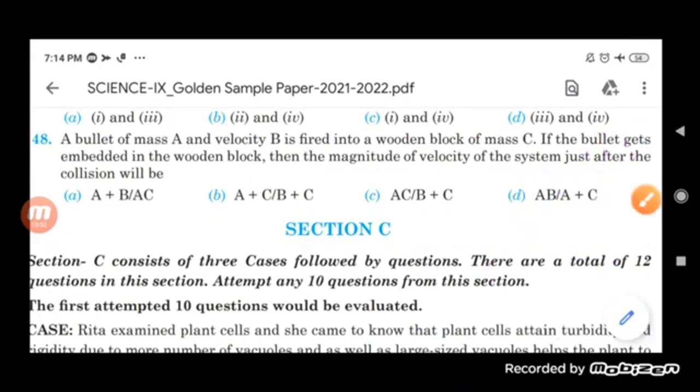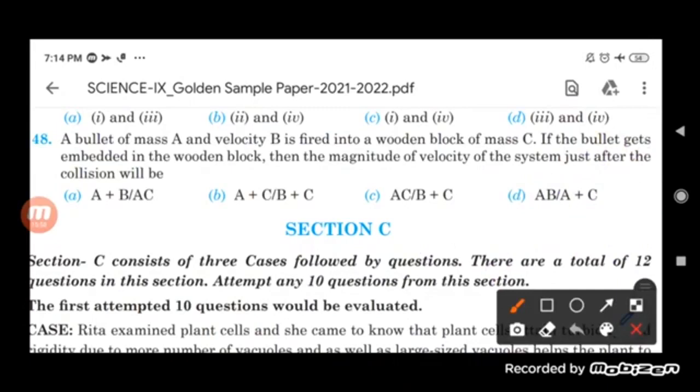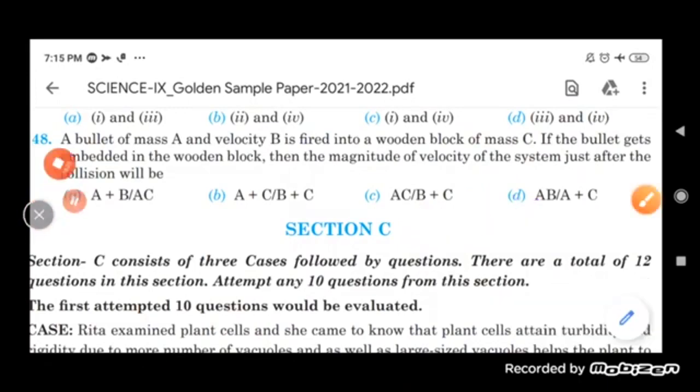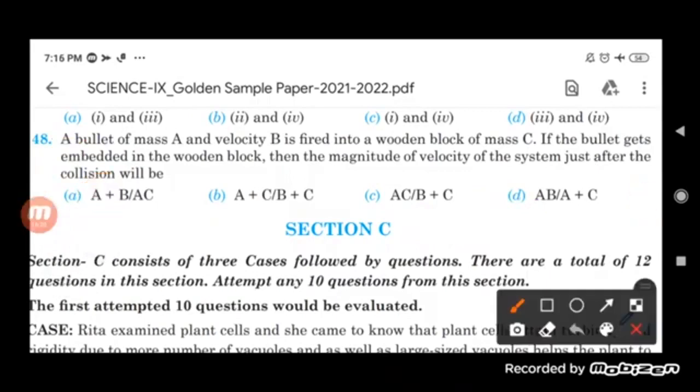Now you see here, the bullet of mass A, and the velocity given here is B. So A into B is the mass and the velocity with which it was moving before it collided. So the initial momentum was A into B.